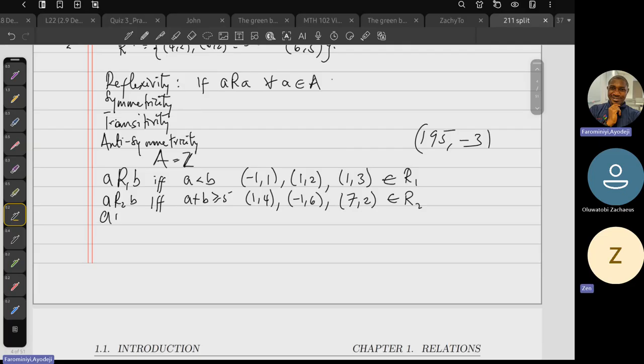All right, R3. A is related to B if and only if A is equal to 2B. So can you give me examples of elements in R3? 2, 1, good. 4, 2.